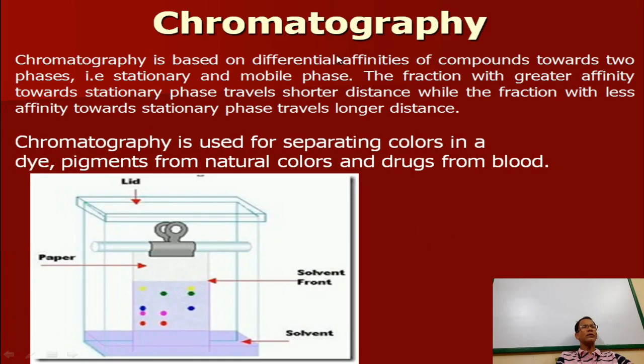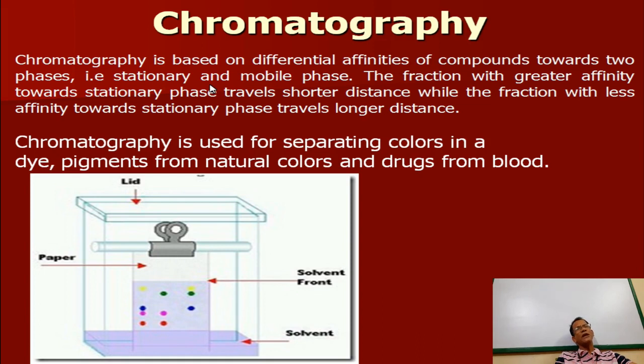Then chromatography. This is a very important technique to separate different color pigments, dyes, natural colors, and drugs from blood. During the separation, the components will be adsorbed on the stationary phase in different ways.